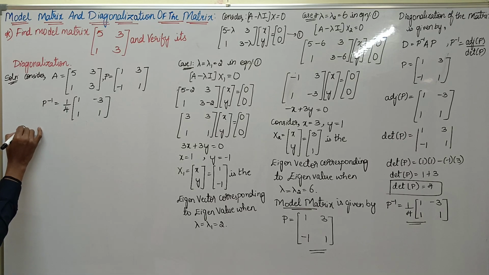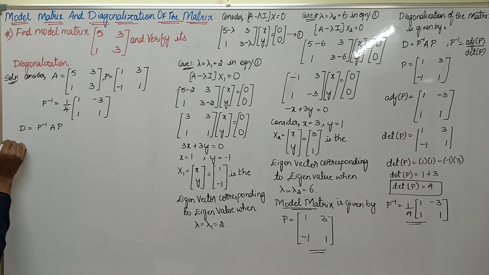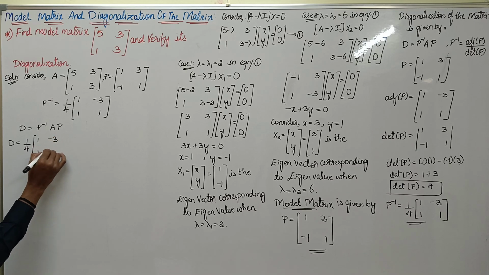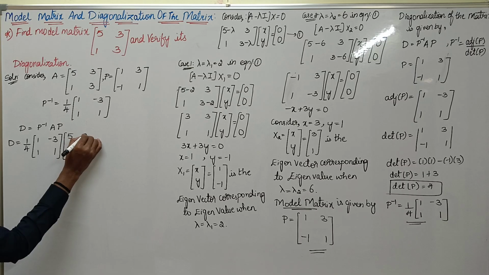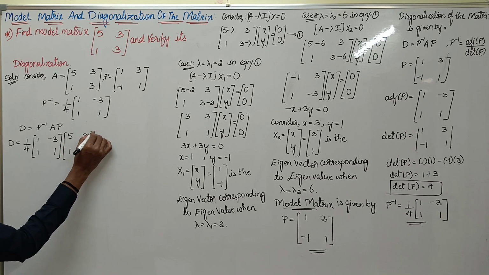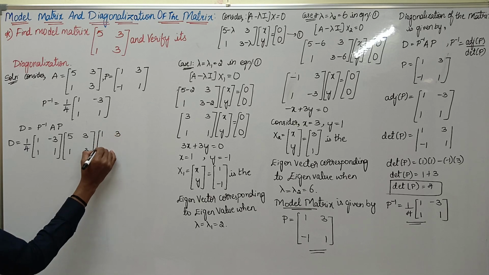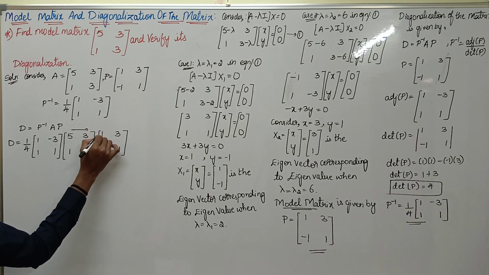Okay, now let us find D, which is equal to P inverse AP. D is equal to 1 by 4 into [1 minus 3; 1 1] into A, which is [5 3; 1 3], into P, which is [1 3; minus 1 1]. Now let us do this matrix multiplication.